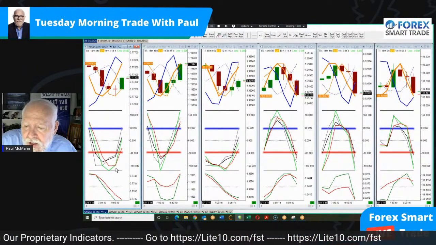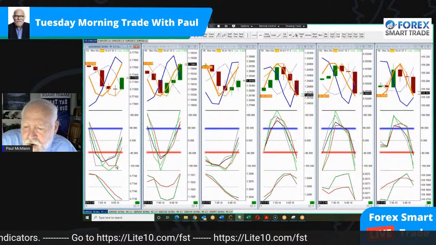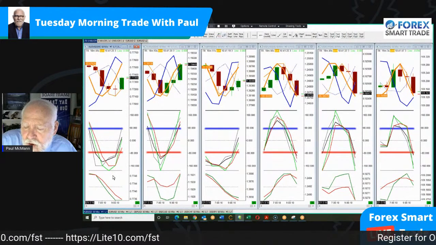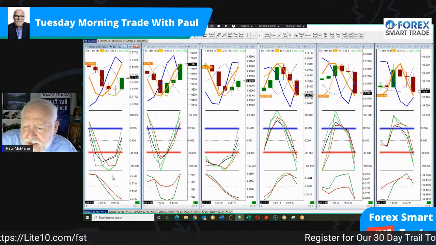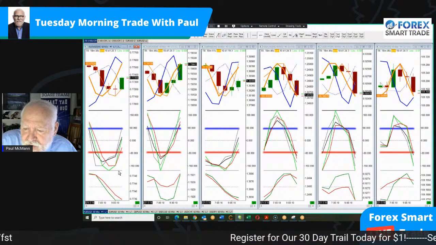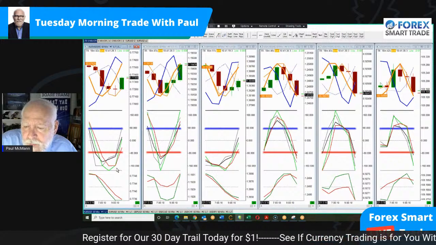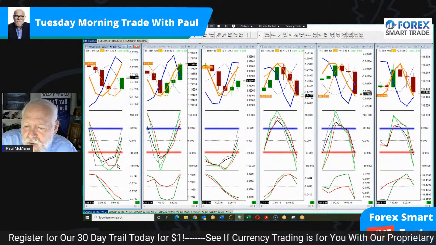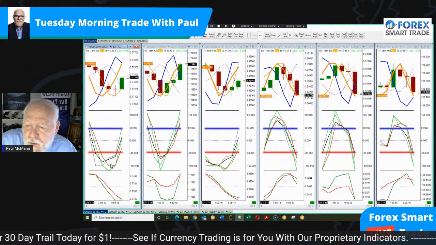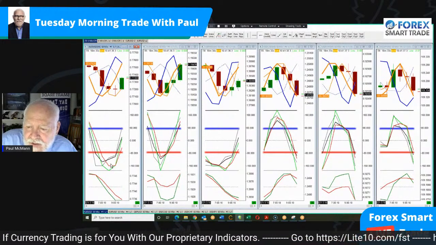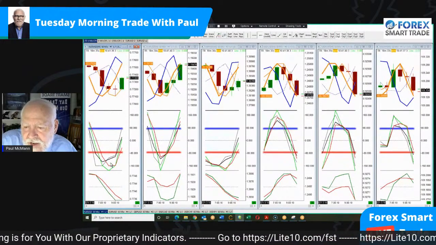Both are, and double crossed, where green's crossing over red, gray's crossing over black, and pointed up. Under the red line is 1 point, pointing up is 2, and double cross is 3 points. If I have 3 points, I have the beginning of the trade. I've got the first section that I need.